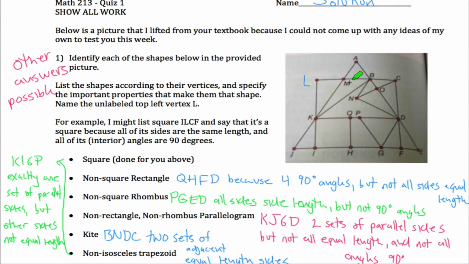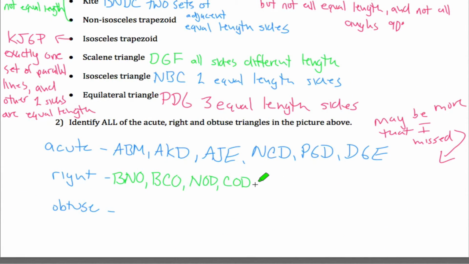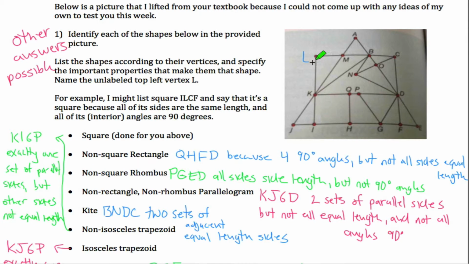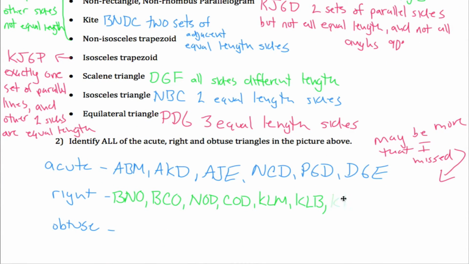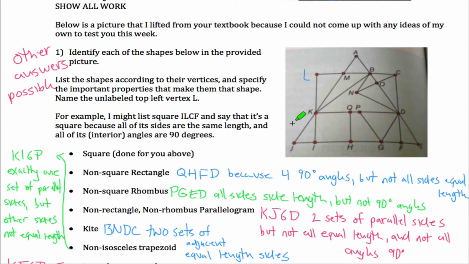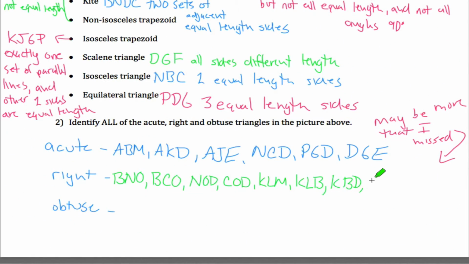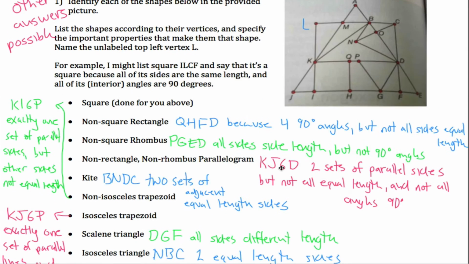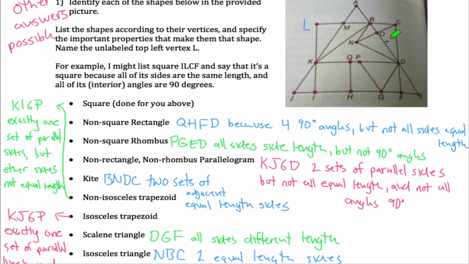How about KLM, KLB? And this one, I think that looks pretty right to me, so KBD. BCD. I think I got all the ones in here. Got that guy. Doesn't look like there's any more connecting that.